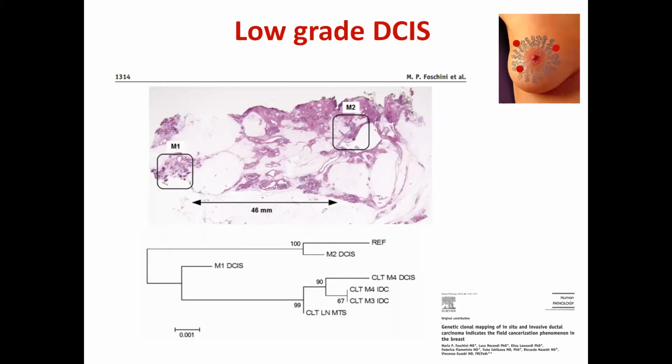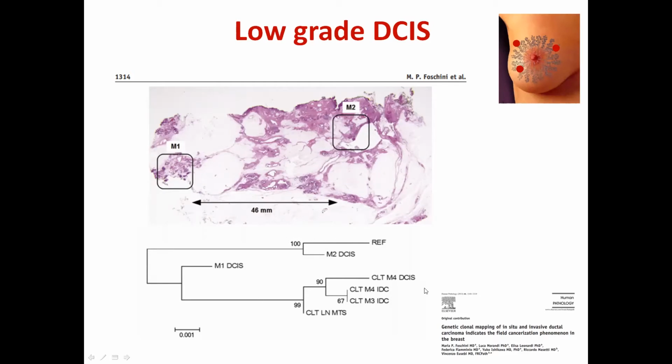We did a study, and if you want, I can share with you the PDF file of the paper, and we made a clonal analysis between the different foci of the CIS. We made the clonal analysis studying the mitochondrial DNA of the cells. We made microdissection of this area. In these cases, we compared microdissection done here and here.